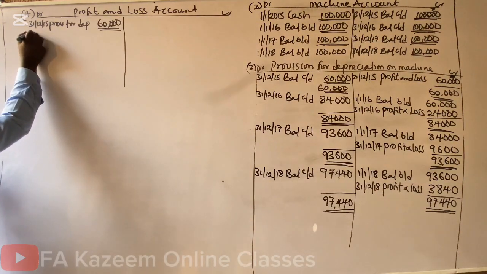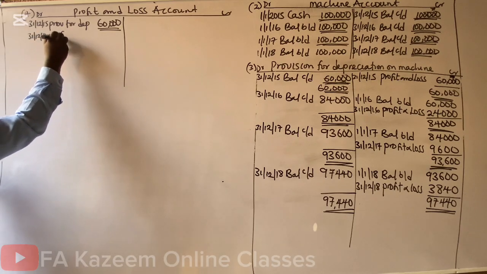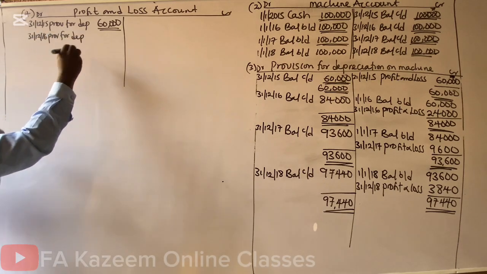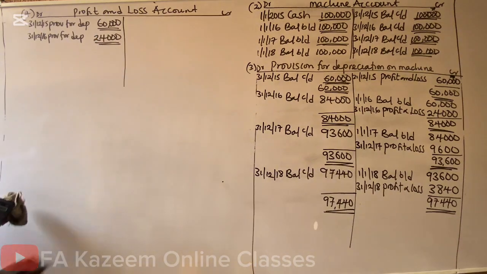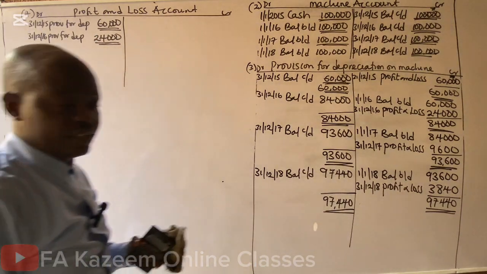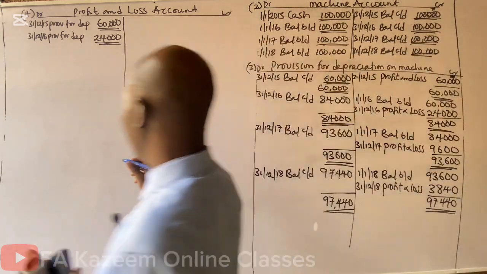31st 12, 2016, provision for depreciation, that's the corresponding entry. For the third year, we are bringing it from here, it's 9,600.